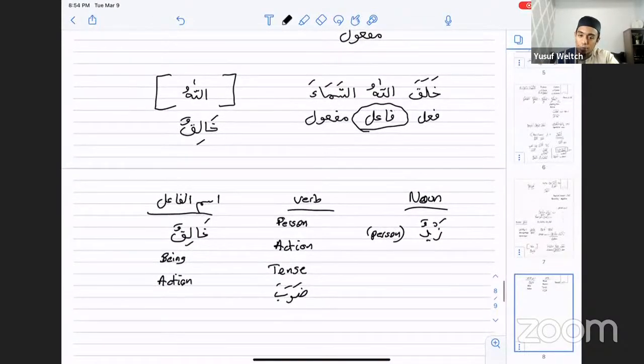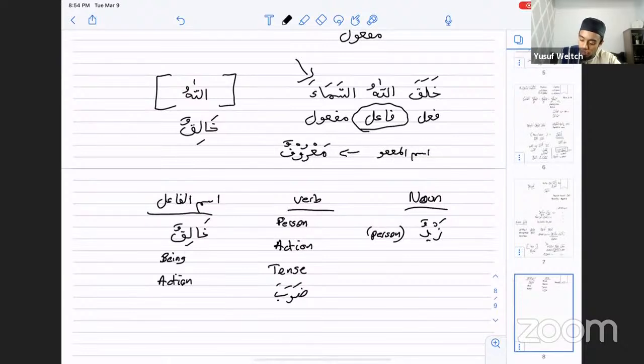Yep. So the same exact distinction applies to the maf'ul by itself, which is the object, and the ismul maf'ul. So here as-sama is not on the pattern of maf'ul. Like the word, for instance, ma'ruf, something that's known. So ma'ruf is on the pattern of ismul maf'ul.